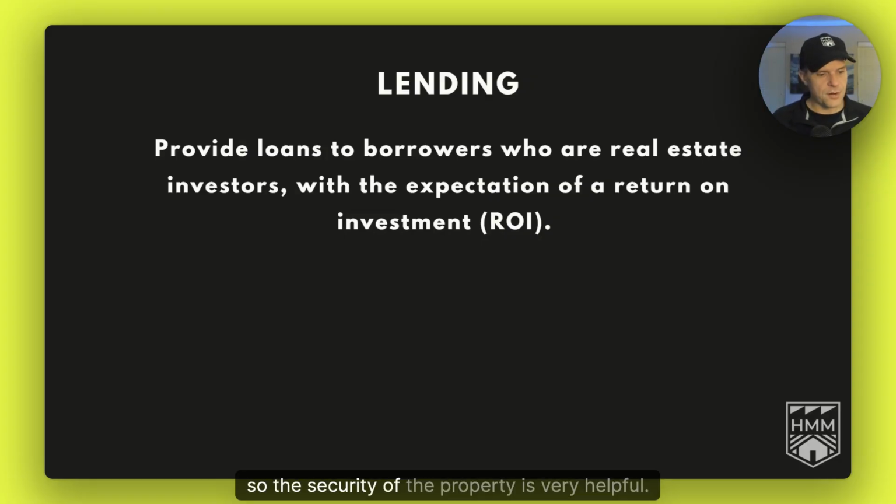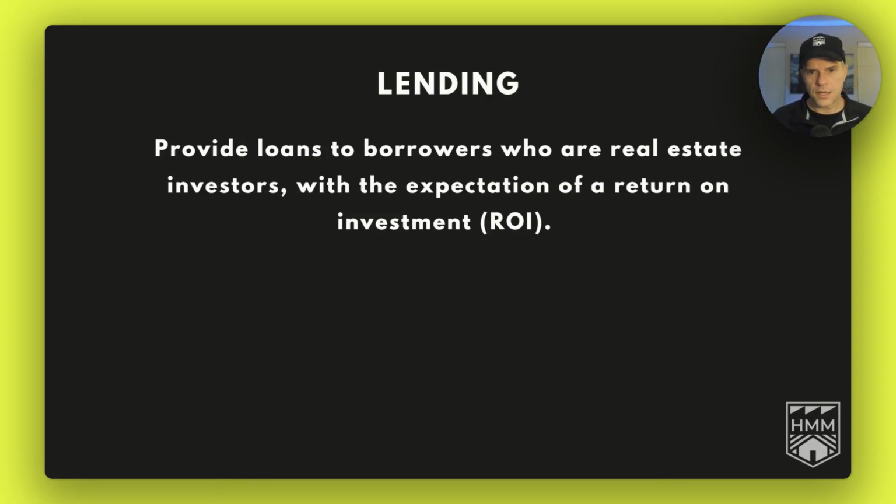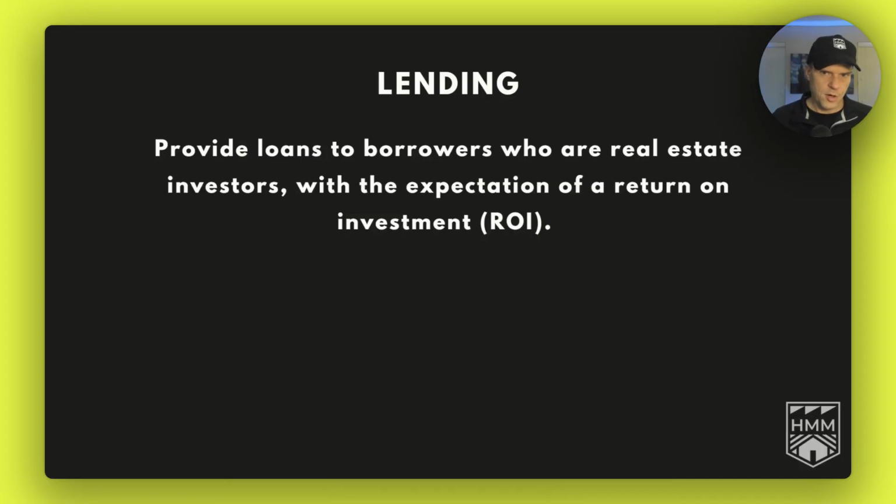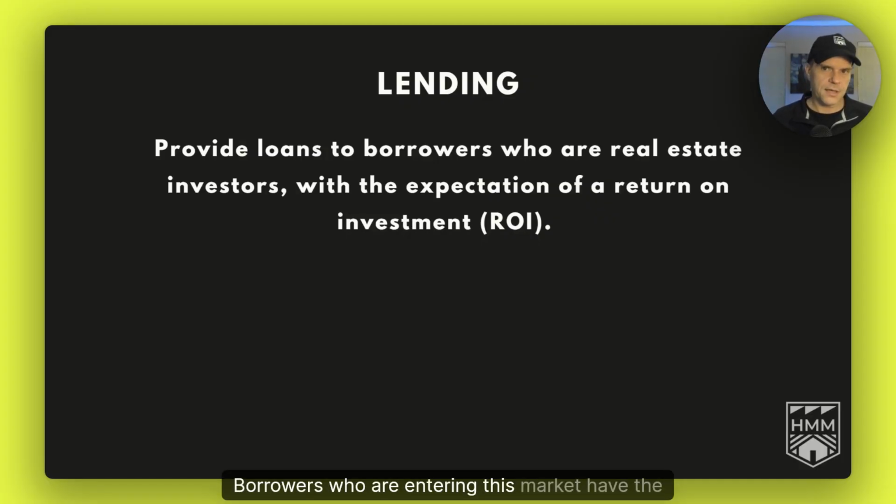So the security of the property is very helpful. Interest rates and other terms are completely flexible and up to you. Borrowers who are entering this market have the choice of many private lenders, which is what you would be here with a lending activity. Hard money lending is a more formal business type of lending where it's more about qualifications and relationships.